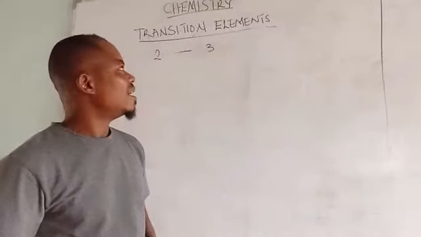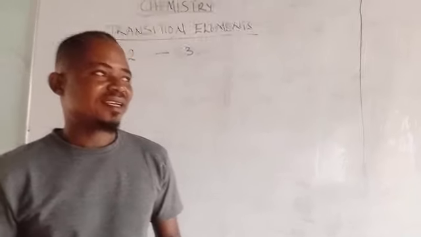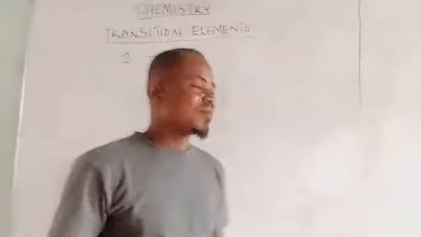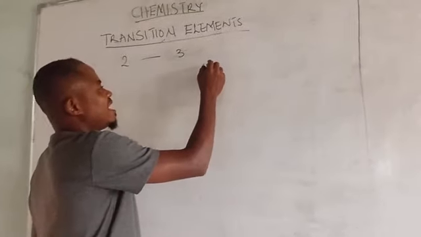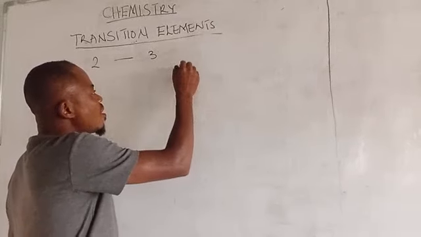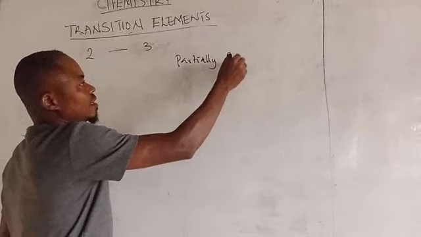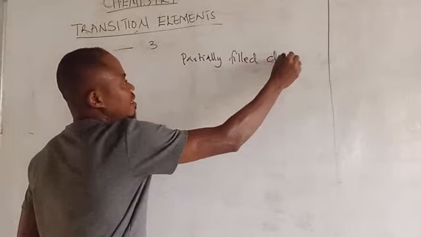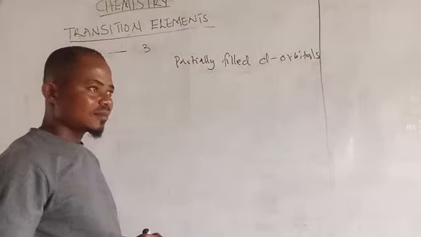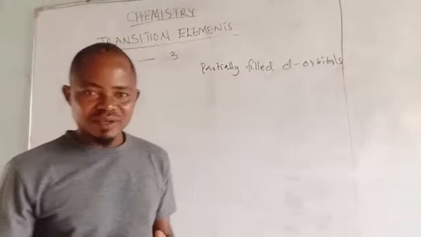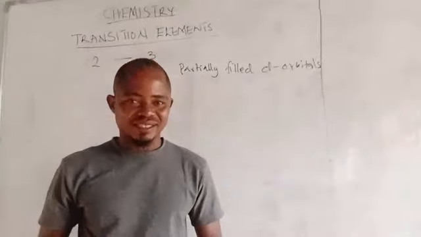They are found there. According to IUPAC, transition elements simply are elements that have incompletely or partially filled d orbitals.